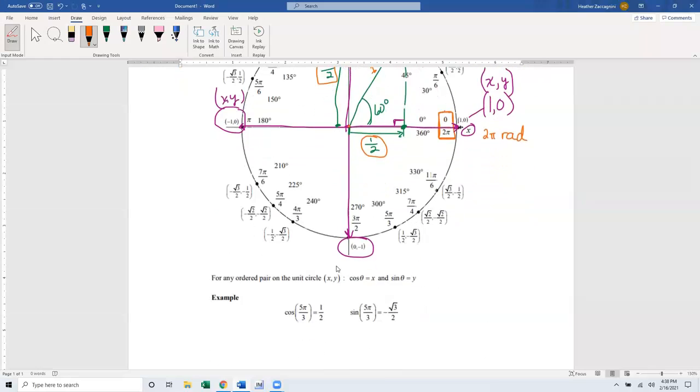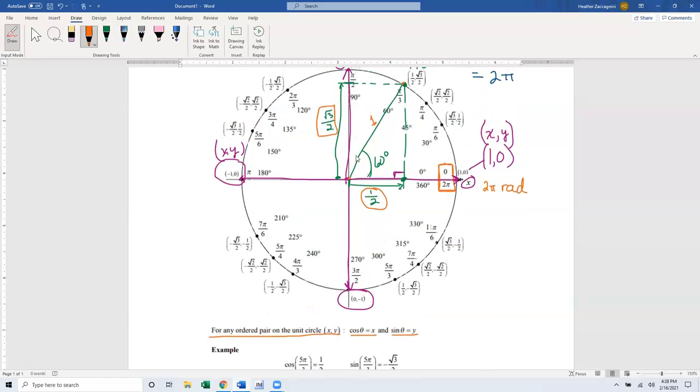Down here at the bottom, we see that for any ordered pair on the unit circle (x, y), like we've been dealing with, cosine of the angle is the x coordinate and sine is the y coordinate. What? That's fascinating.